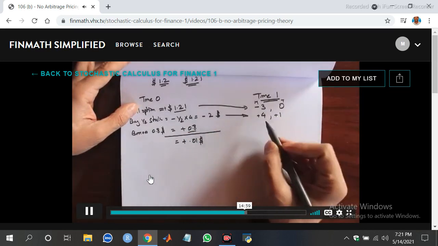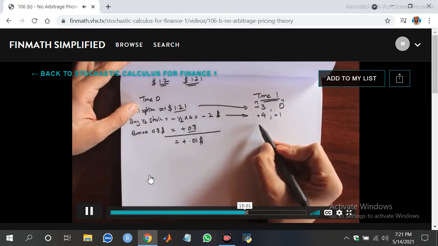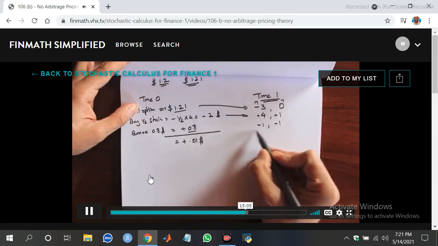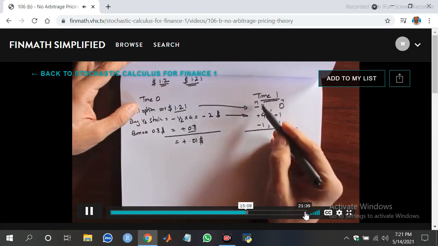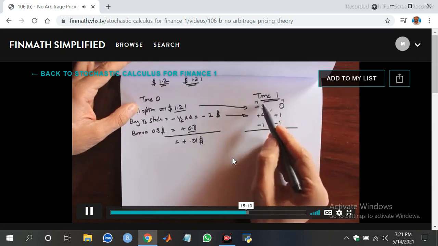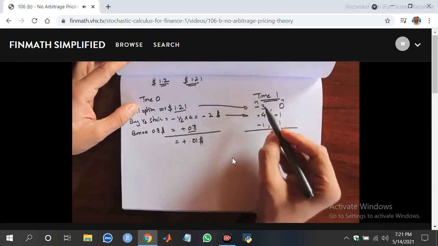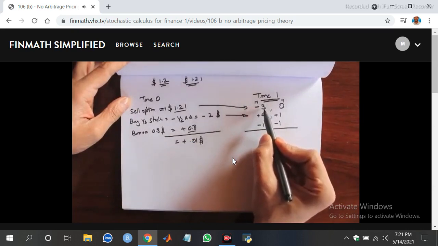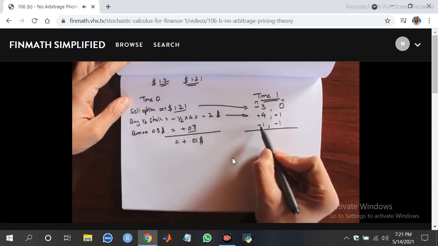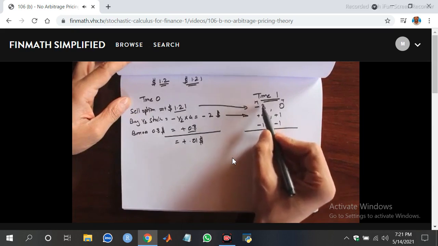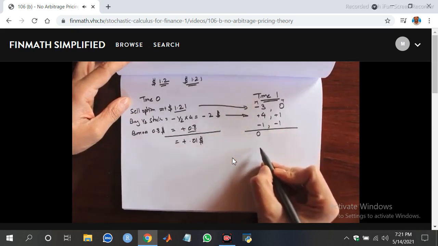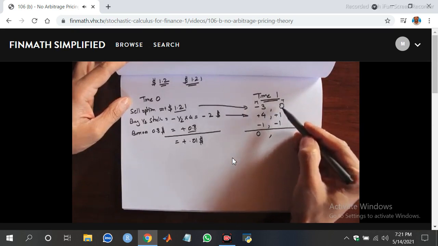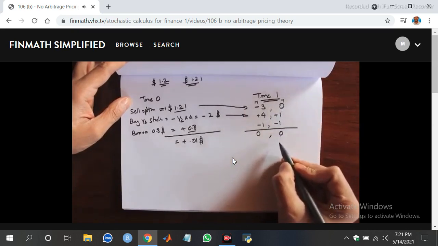So I'll have to pay, so it'll be a -1 in both situations. Now I can look at what my cash flow is going to be if I get a head. If I get a head, then I owe $3 on the option, but I get 4 from my stock, and I need to pay 1 to the bank. If I sum all of these, I get a 0 here. Likewise, if I sum all of these numbers, I get a 0 again here.